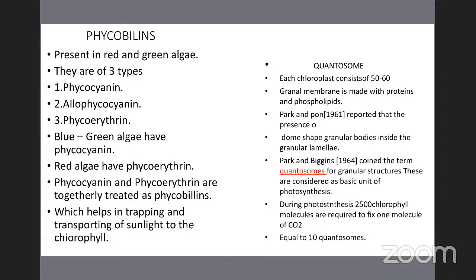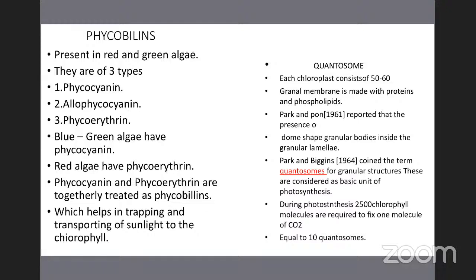For example, red algae, Rhodophyceae members, have the phycoerythrin pigment, and blue-green algae contain phycocyanin. Together these pigments are called phycobilins.